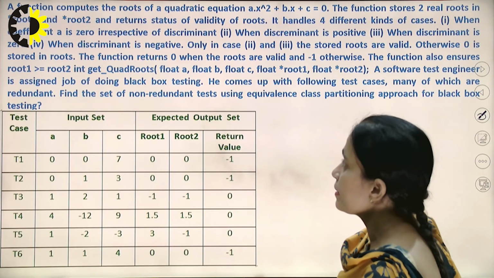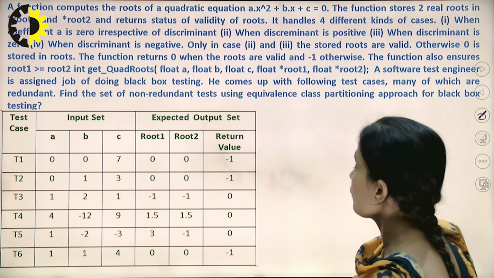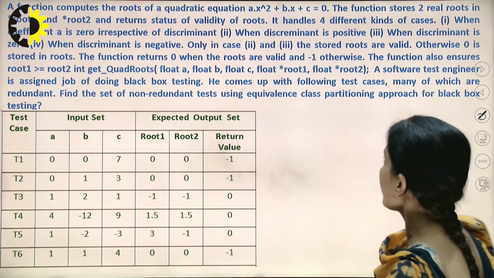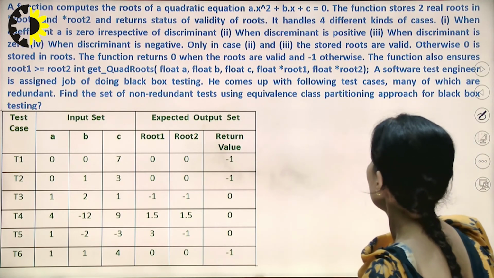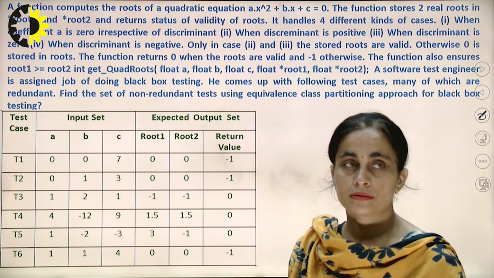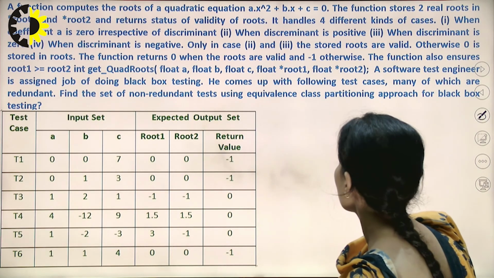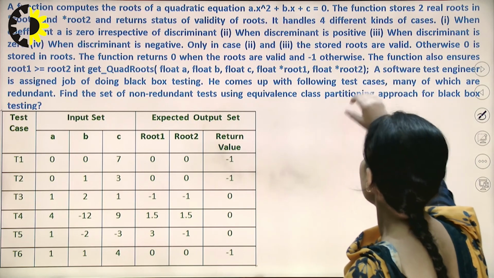Now let's take a numerical. A function computes the roots of the quadratic equation ax square plus bx plus c equal to 0, and it stores two real roots, root 1 and root 2, checks the validity of the roots, and handles four kinds of cases.